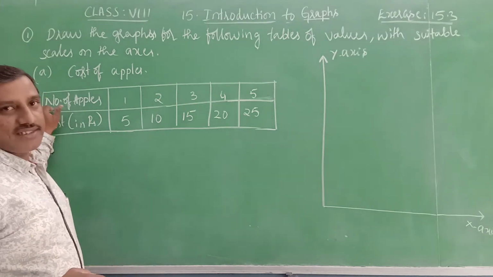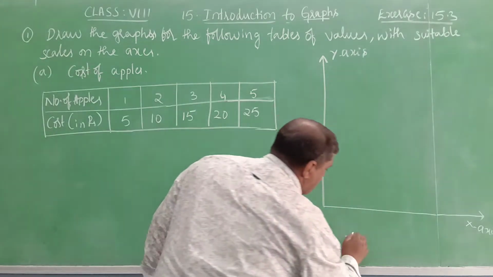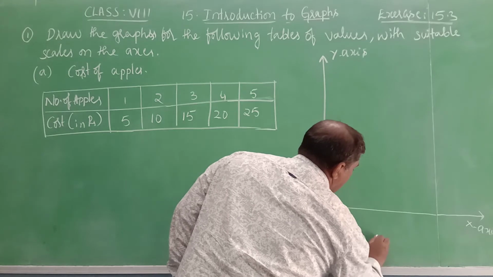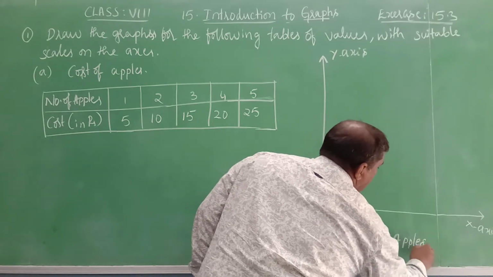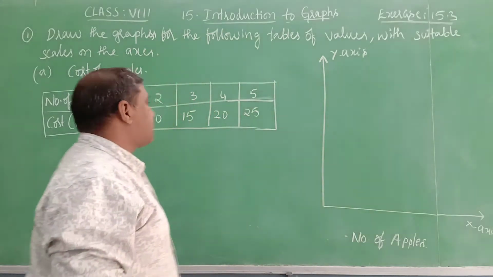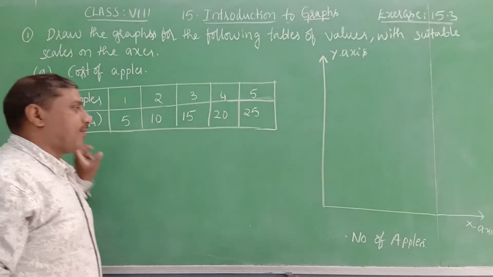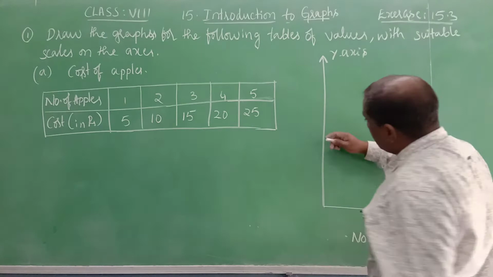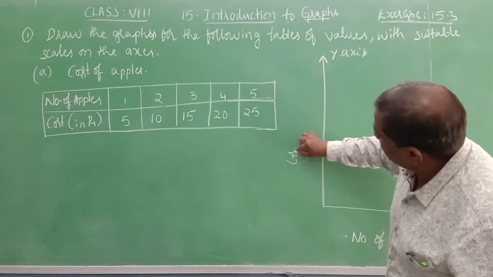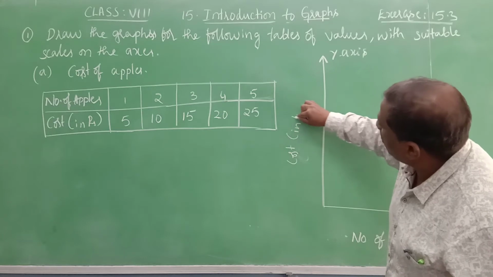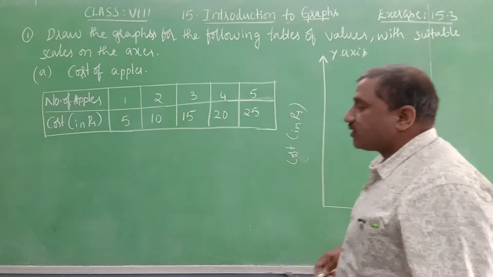Take the number of apples on the x-axis, and on the y-axis take the cost of apples in rupees. Cost in rupees. So now it is over.